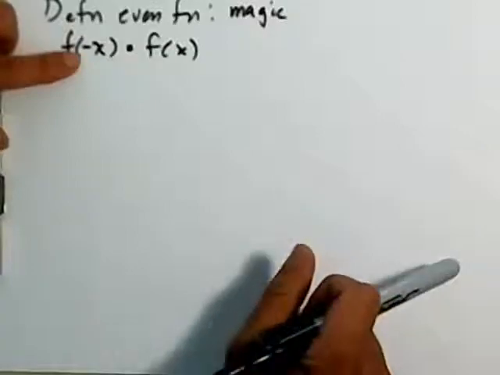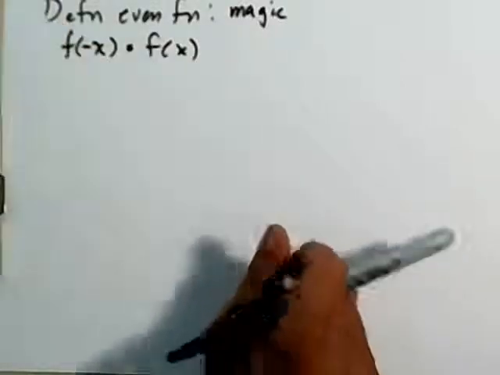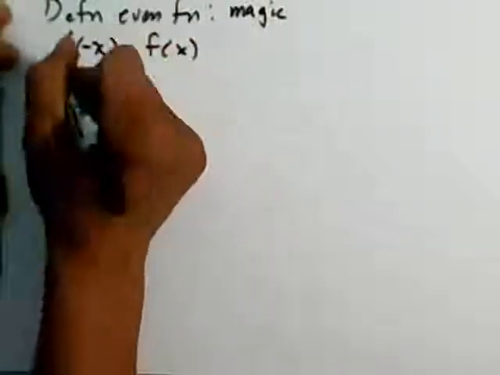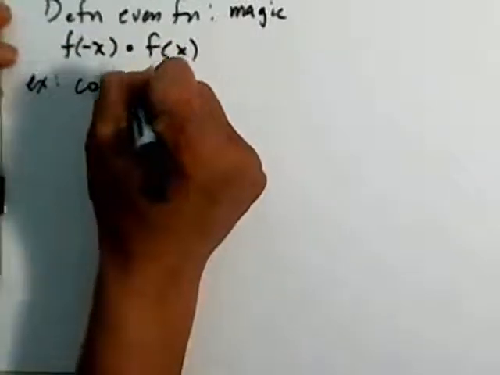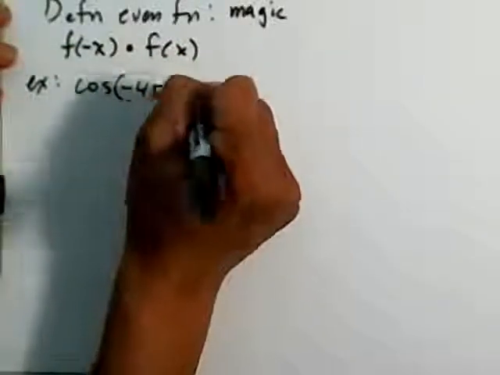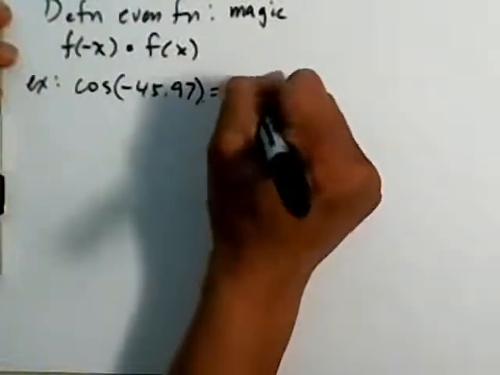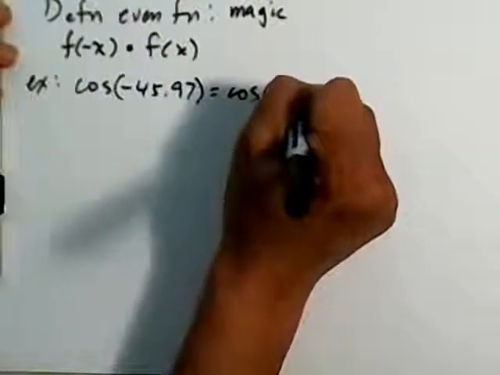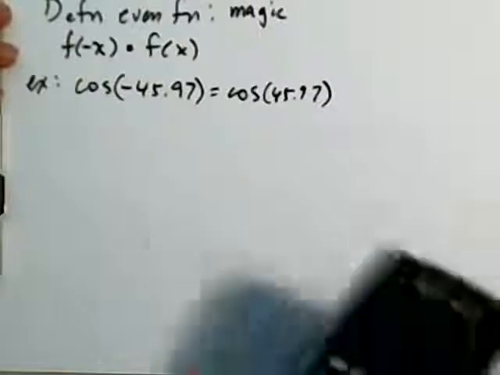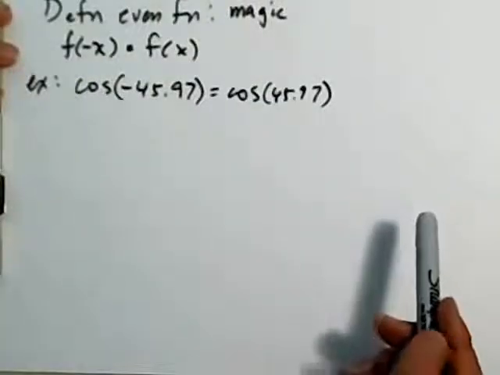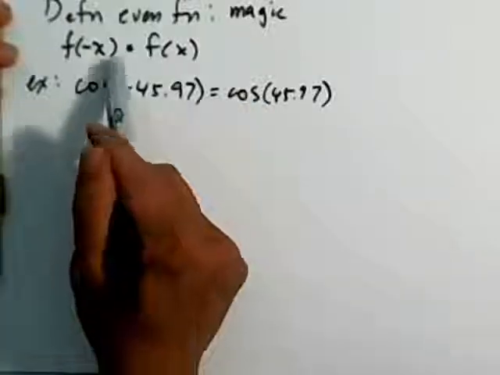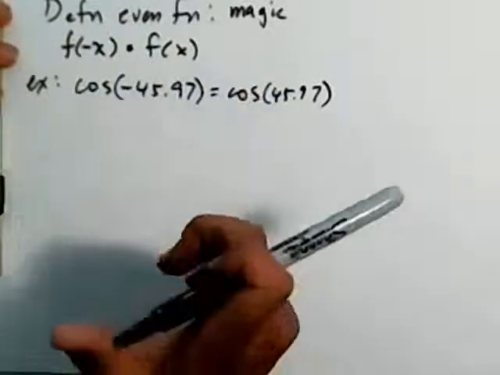The negative actually literally disappears. I'll give you an example of that. If you take the cosine of negative 45.97, that should be the same thing as the cosine of 45.97. You can use your calculator. I'm pretty sure you'll get the same answer. So in an even function, the negative actually disappears.